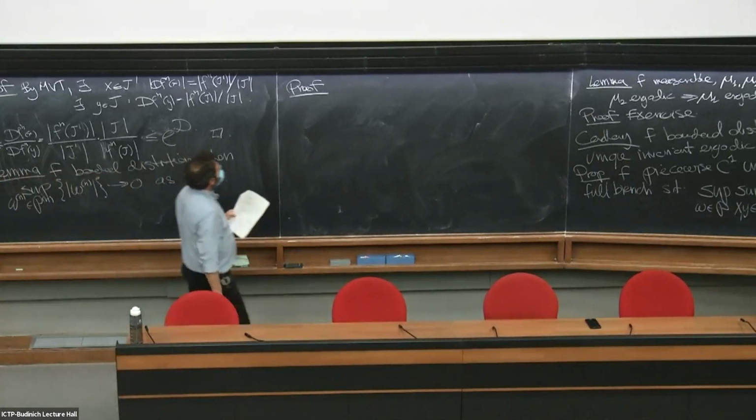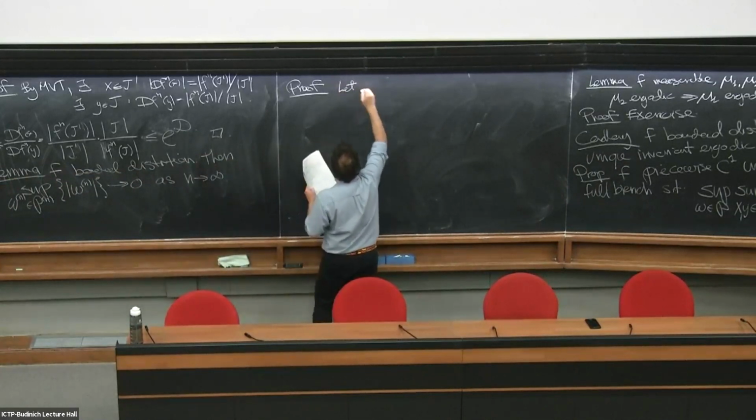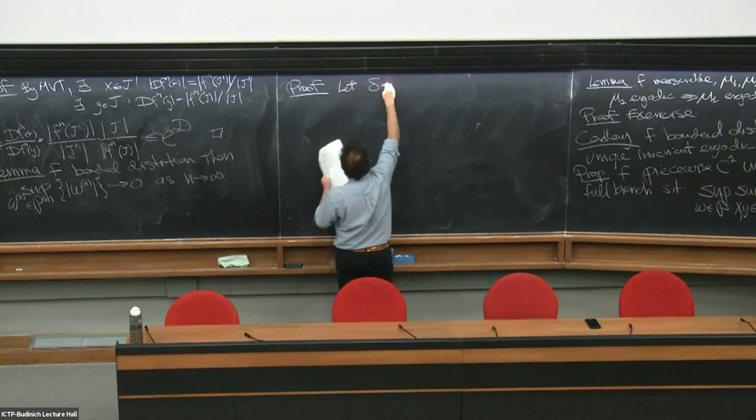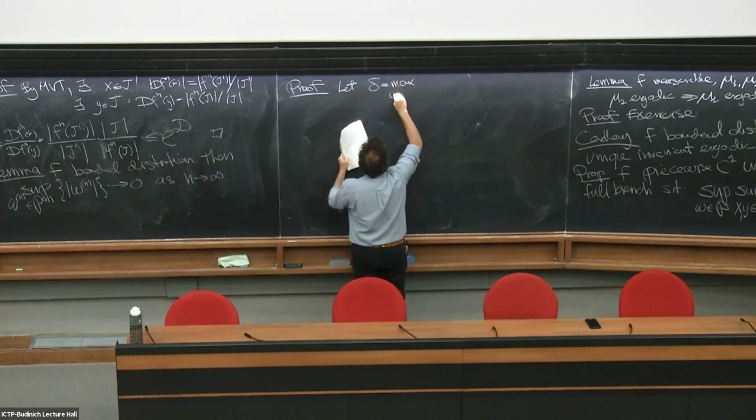Write it like this. Let delta be equal to the maximum over all omega 1 in P1.